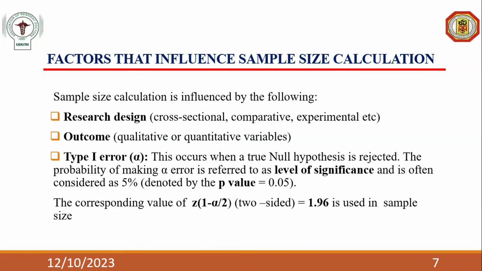And what is type 1 error? Type 1 error is an error that occurs when a true null hypothesis is rejected. So the probability of making type 1 error is referred to as the level of significance and is often considered as 5%, which is denoted by p 0.05.